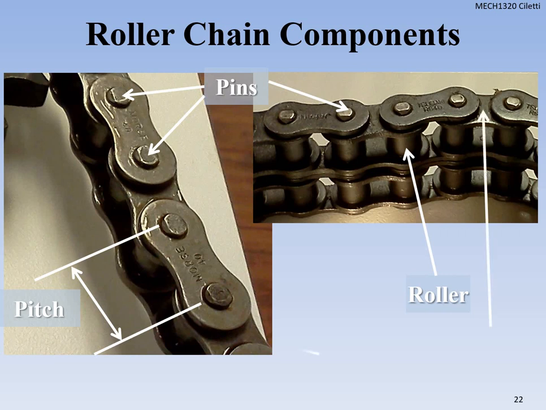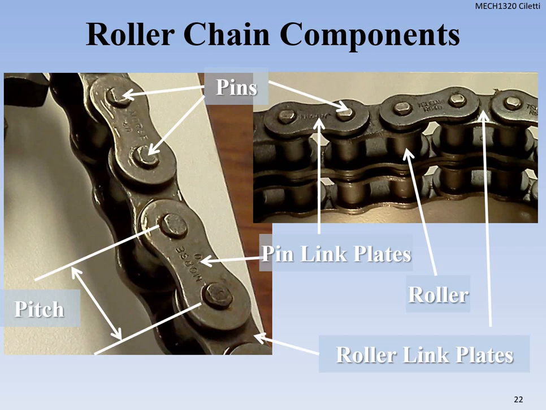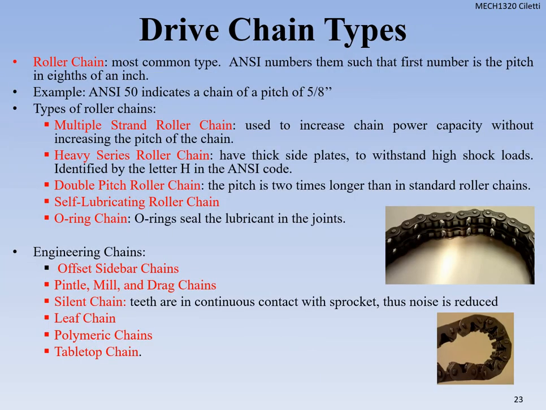We have the rollers, and then we have the roller link plates. So we call these the plates. All right, so main components here: pins, pitch, rollers, and roller plates. And then lastly, we have the pin link plates. So you can see the difference between those. Those sit on the outside of the chain.